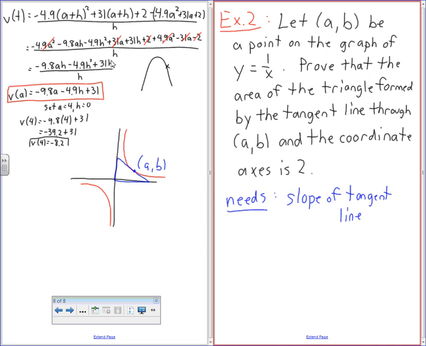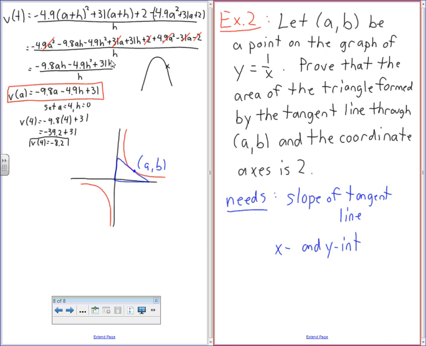What else do you need to find the area of that triangle? Trig identities? No, you don't need trig identities for anything. X and y intercepts, good. That's the base and the height. So I'm going to need my x and y intercepts. Once we get the x-intercept and the y-intercept, that should give us hopefully the area.